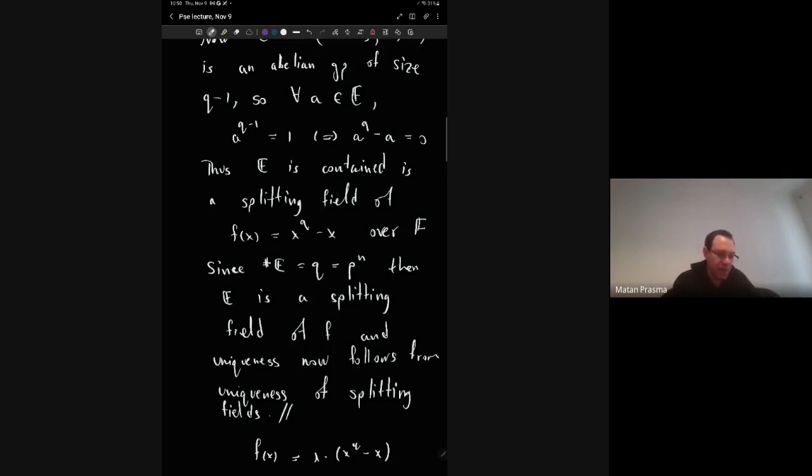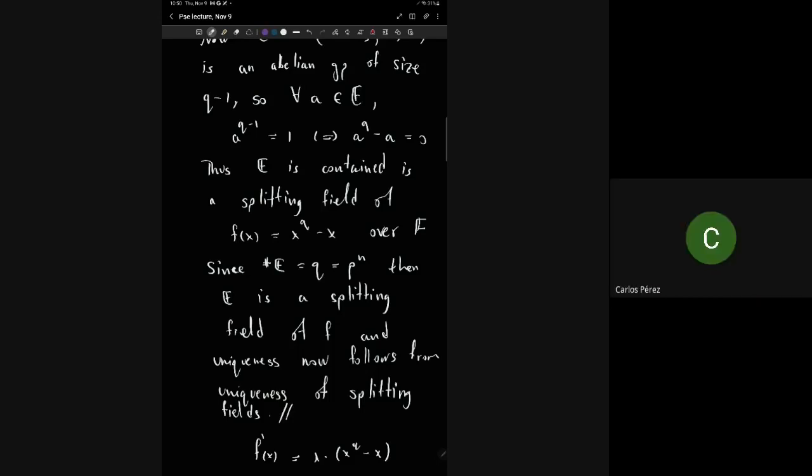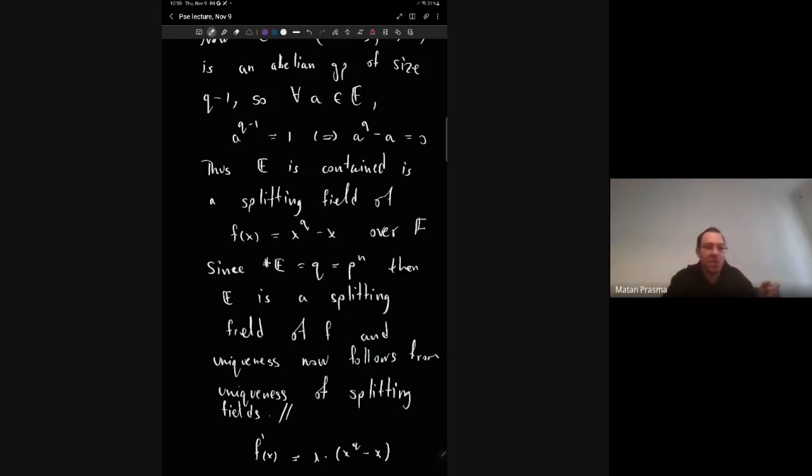First, the roots of f. Let's call it f prime. Oh, I see. Okay. The roots of f prime are the same as the roots of f. Now, all I'm saying is that there is a splitting field for f prime or for f, whatever you choose, and this splitting field has to be unique up to isomorphism.